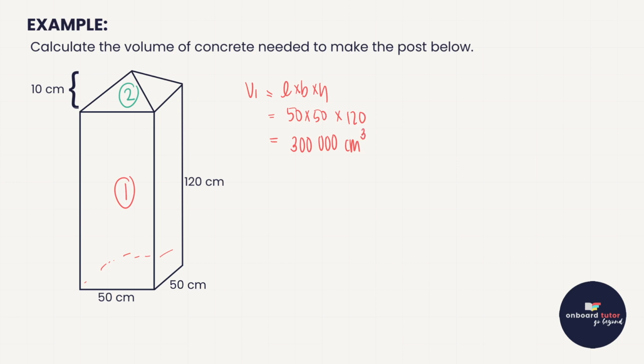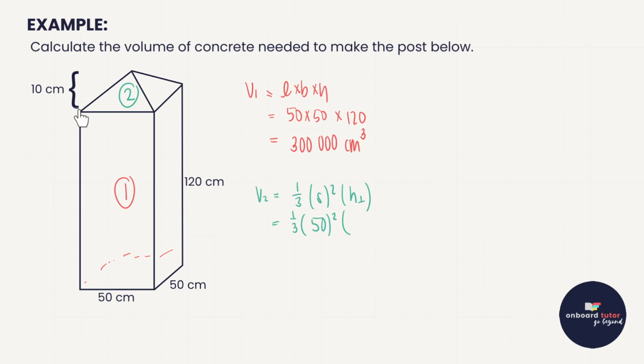Okay, then volume of the pyramid, we are going to need that formula that we just learned. So it was 1/3 multiplied by the area of the base. Okay, it's a square base, multiplied by the perpendicular height of that pyramid. Okay, so 1/3, the sides here are 50 and 50, so multiplied by 50 centimeters squared, multiplied by the perpendicular height, okay, that they've given to us over here.